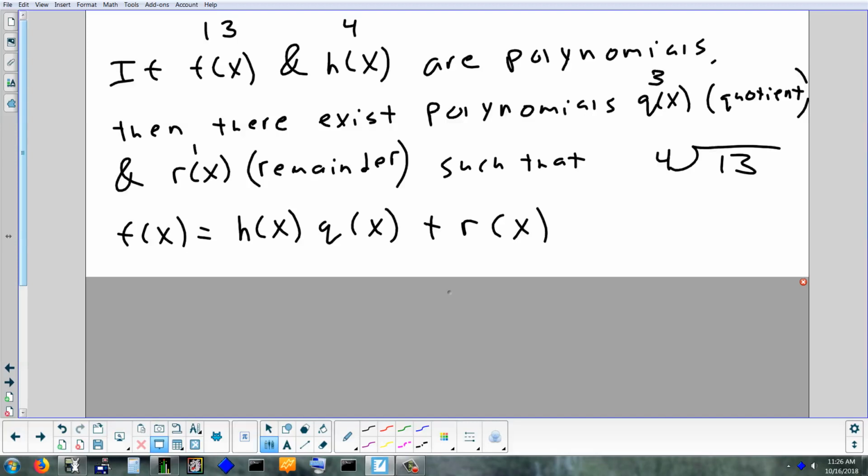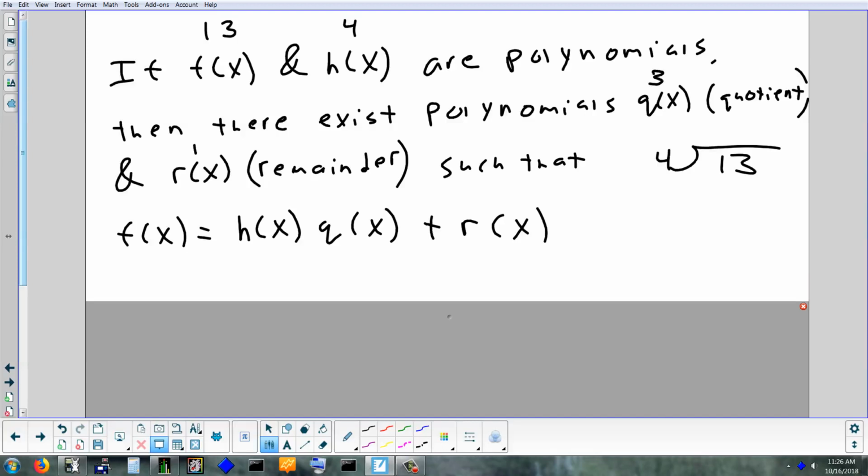So fill in those 4 numbers in those 4 spots and watch what happens. Your numerator, f of x, what you were dividing into, equals your denominator, what you divided by, 4, times your quotient, 3, plus your remainder, 1.